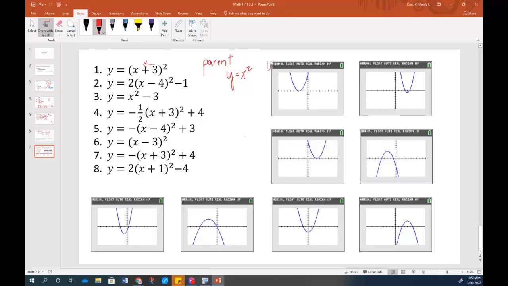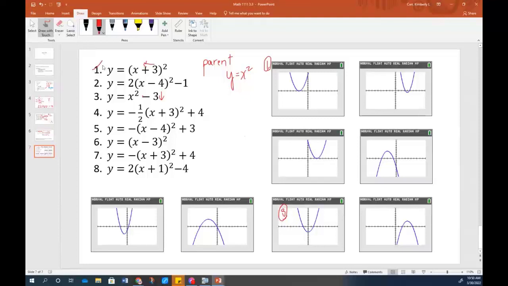Oh, there's number 1. Moved to the left 3. That's the only one that's exactly like that. I don't want to do anything with multiplication until the end because those are usually a little bit harder. So let's do anything without that first. This one then is just moved down 3. Okay, down 3. And that appears to be this one. So this one is number 3.